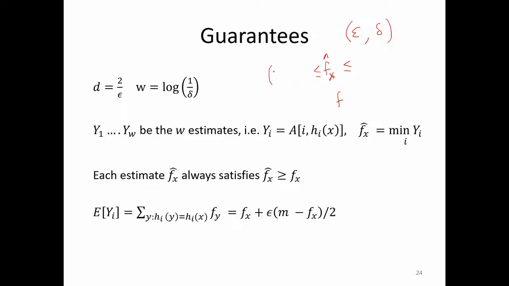So we want guarantees of the form that this should be between 1 minus epsilon fx to 1 plus epsilon fx.